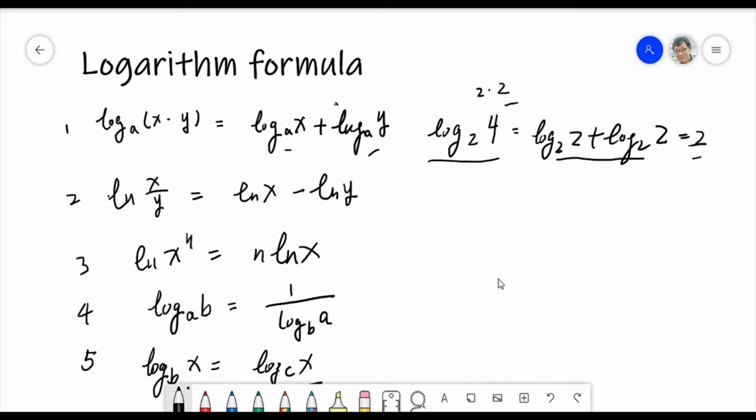The second one, from here on I use the natural logarithm. I cannot explain why, but I can ask why not? Natural logarithm is just a special case of a logarithm, so there's no difference.